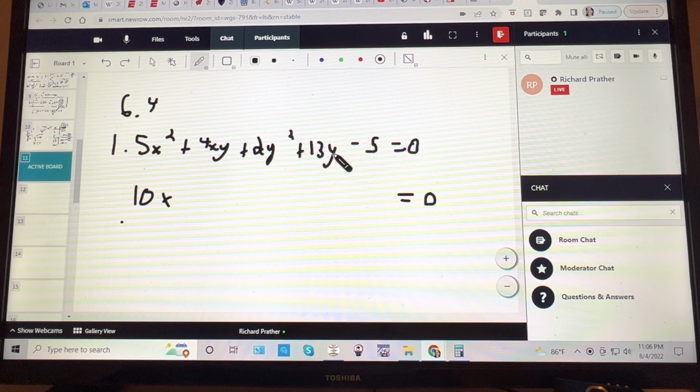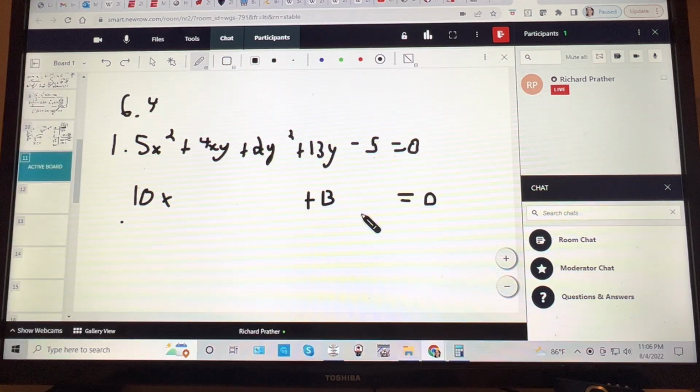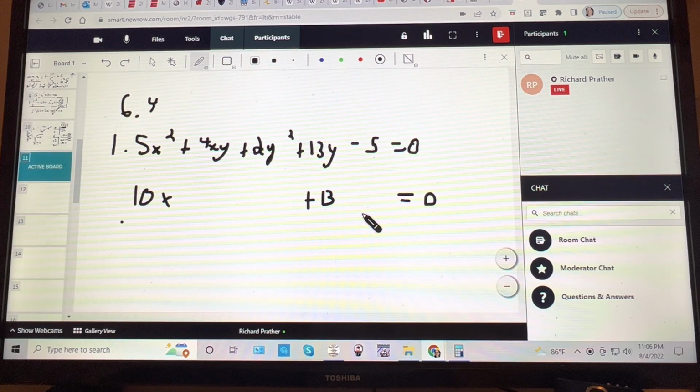If this was 13x, the derivative of it would be 13. But it's 13y, it's not 13x. So anytime you get a variable that's not the variable of interest, it's like you multiply by the derivative of that, which can be written as y prime or dy over dx.